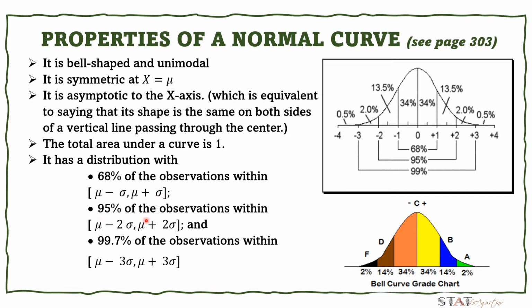And 95% of the observations fall within 2 standard deviations, in the range of mu minus 2 times the standard deviation until mu plus 2 times the standard deviation. And then 99.7% of the observations fall within the range of mu minus 3 times the standard deviation and mu plus 3 times the standard deviation.